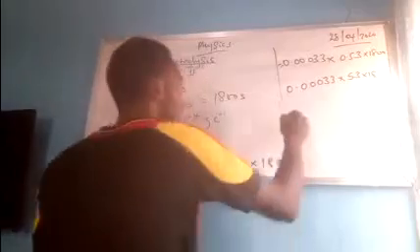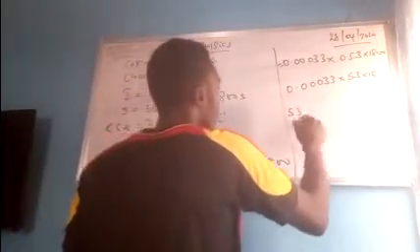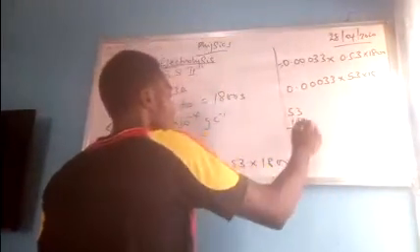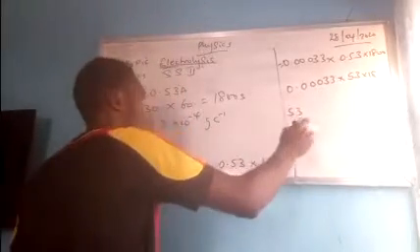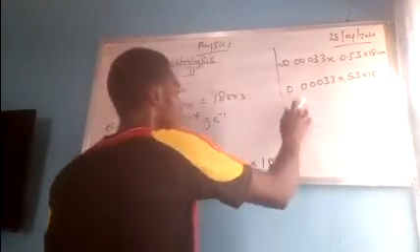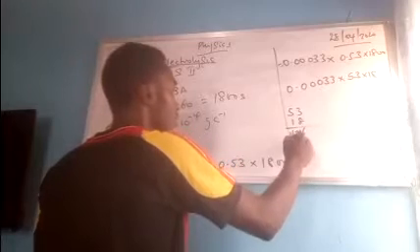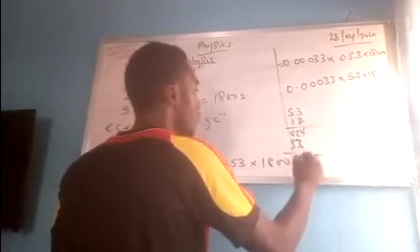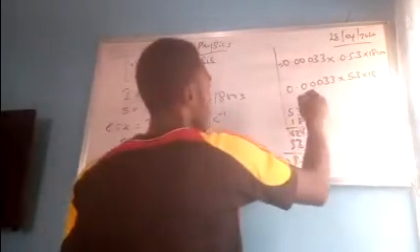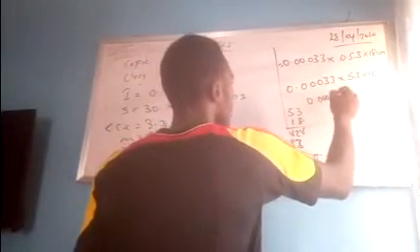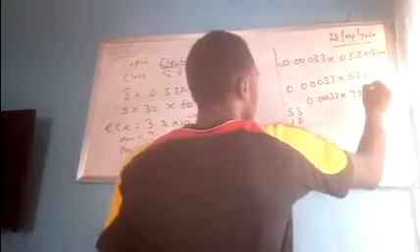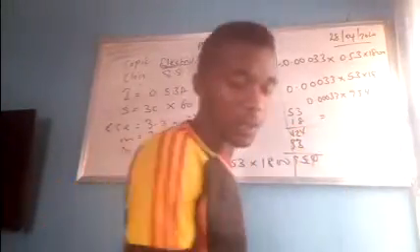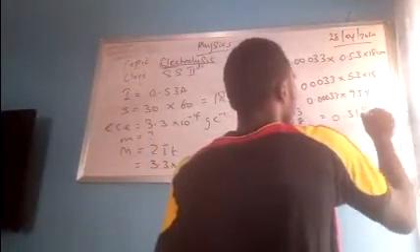And what is 53 times 18? 53 multiplied by 18 gives 954. Then 0.00033 multiplied by 954 gives something like 0.315 gram. That's my answer.